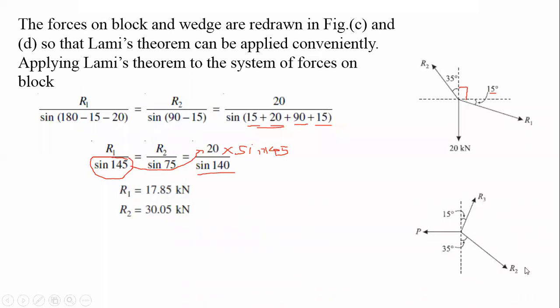Similarly, over here P is unknown, R3 is unknown. It means that you have to find them by using this R2. R2 is 30 as we have calculated over here. Now apply Lami's theorem again. Now here P divided by sine of the angle between the other two forces, that is 180 minus 15 minus 35, it becomes sine 130, and R2 divided by sine of the angle between the other two forces, 90 plus this 15, it becomes 105.